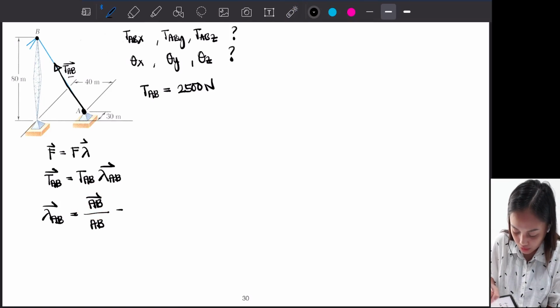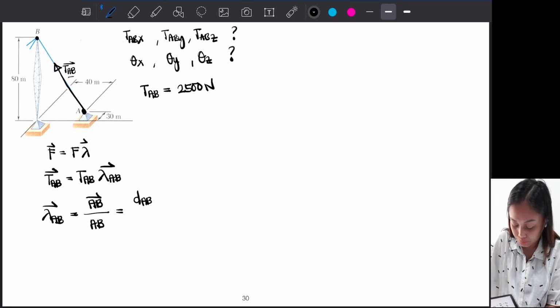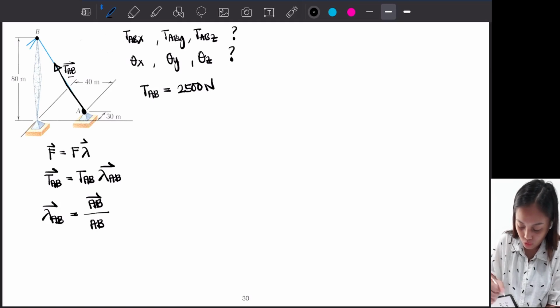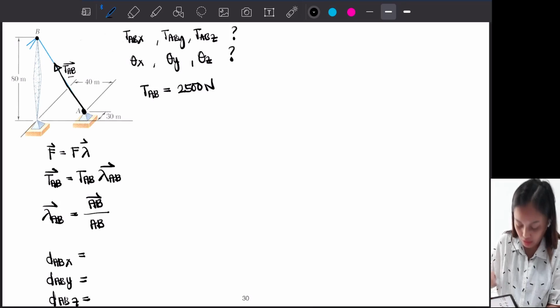Vector AB is equal to DABx i plus DABy j plus DABz k. So, what is the distance from point A to point B along x, the distance from A to B along y, and the distance from A to B along z axis.